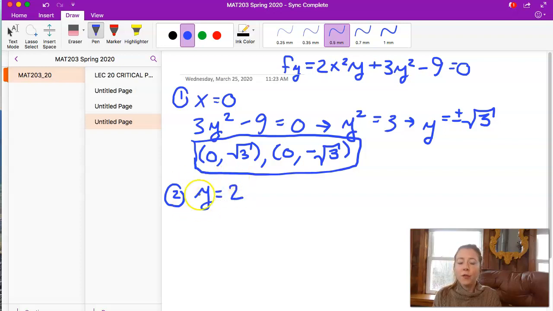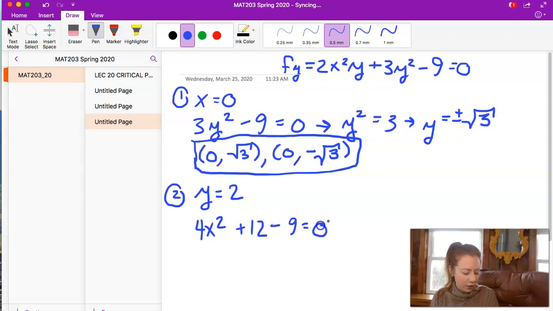Okay, so when we plug in a value for y into the y component of our gradient, it's going to give us a value for x back, and then we'll get another critical point. Okay, so let's try it. Now y is 2, so we have 4x squared plus, so 2 squared is 4 times 3 is 12, minus 9, and we have to set that equal to 0.